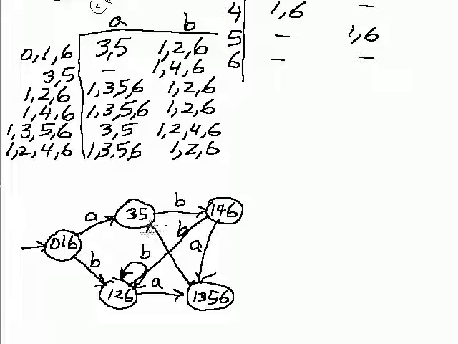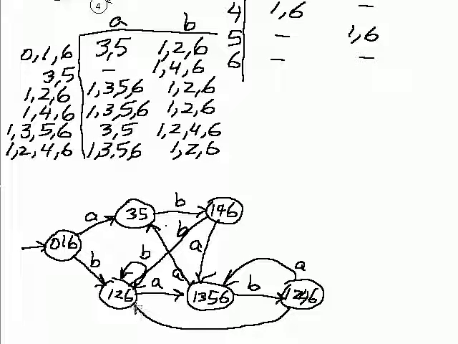So there on A. And on B goes to 1, 2, 4, 6. And from that state, on A goes to 1, 3, 5, 6, back over here. And on B goes to 1, 2, 6, over there.